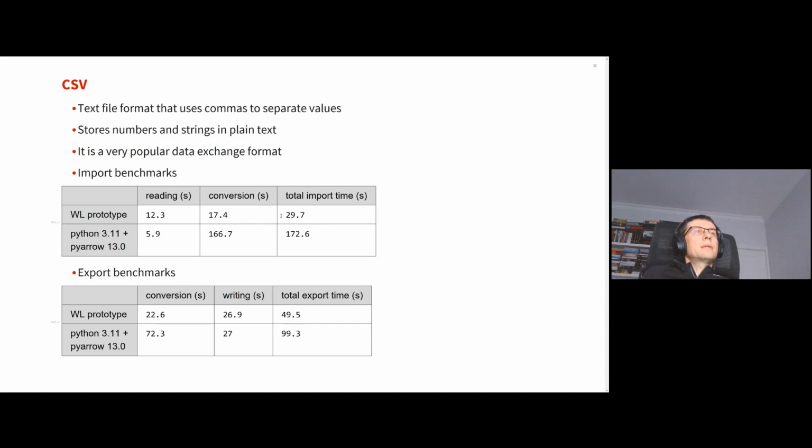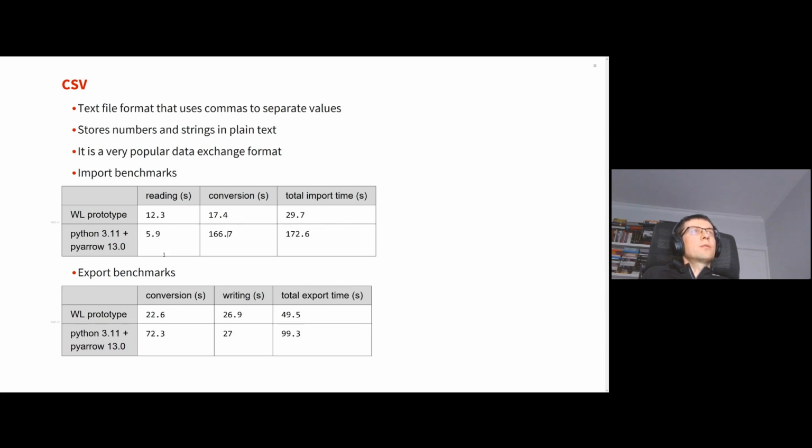And similarly for export. For conversion, we're converting from tabular to Arrow table, and for Python, we're converting from a pandas data frame to an Arrow table. Once they are converted to an Arrow table, we write to file.